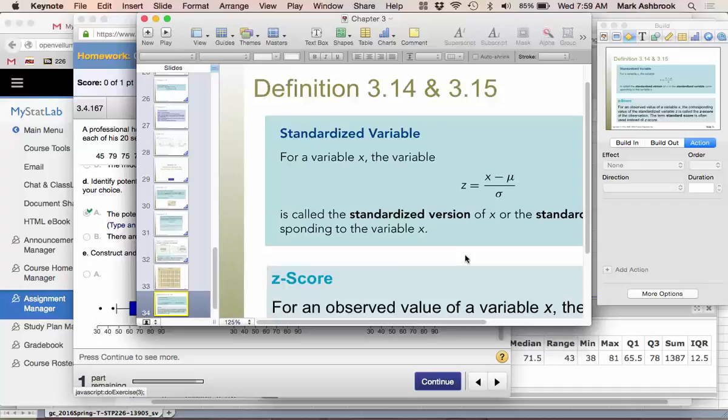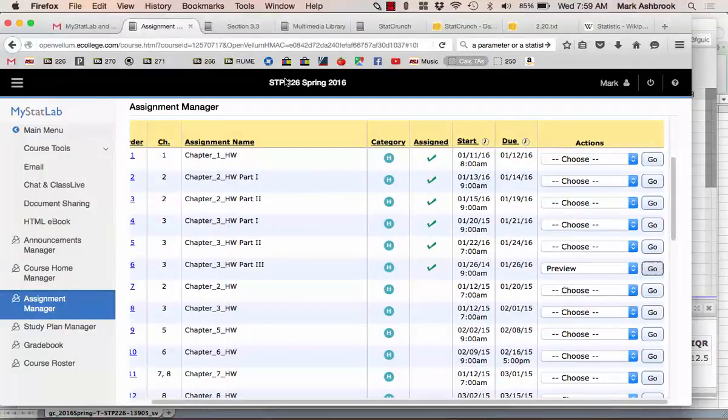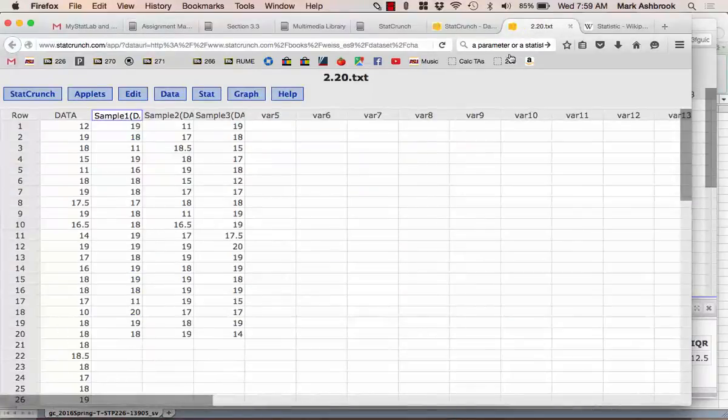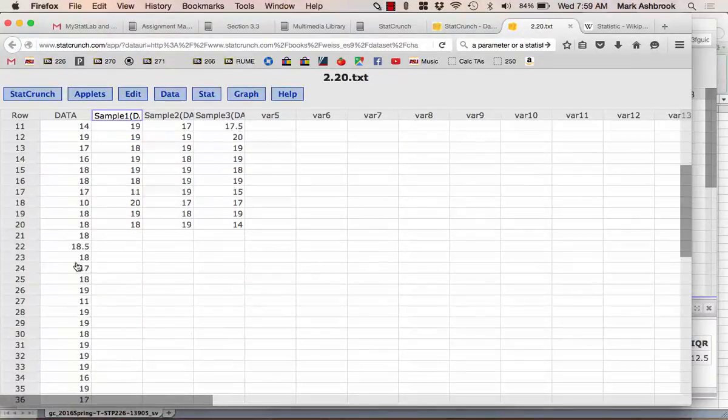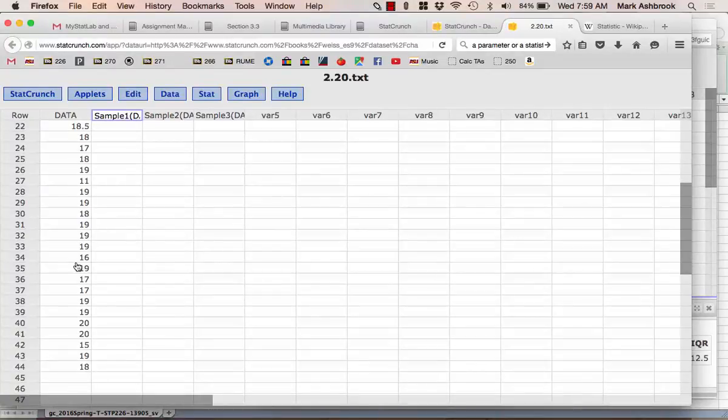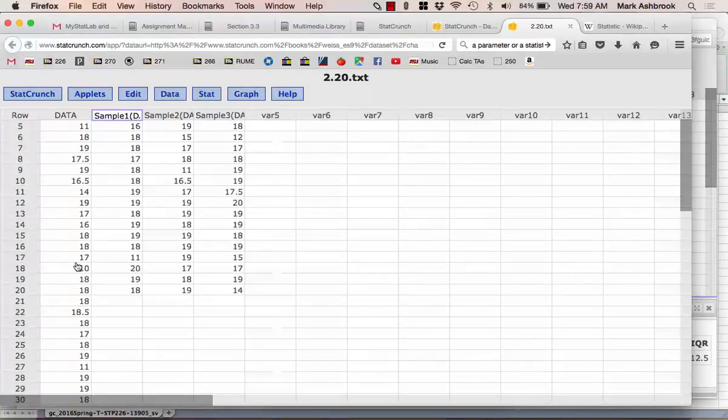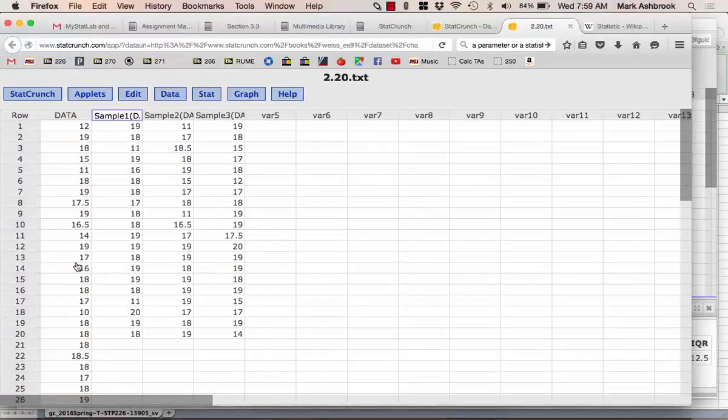I've got a data set here. The data set in the first column is all the quiz 1 scores from you guys and from the last time I taught this course. So there are 44 people in both classes, and these are the quiz 1 scores. That's the data.